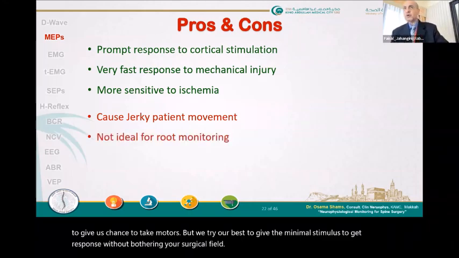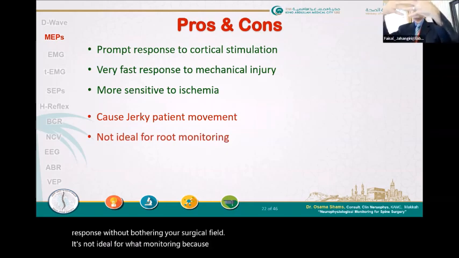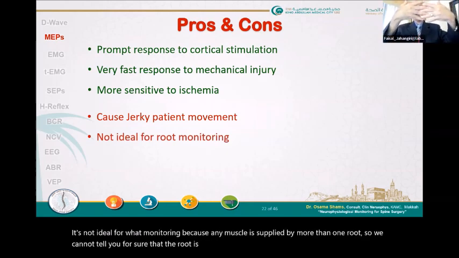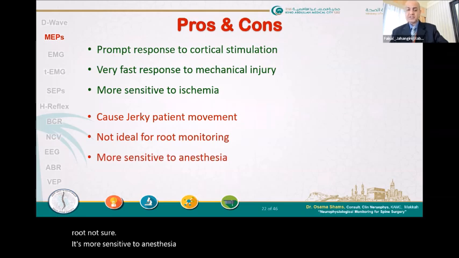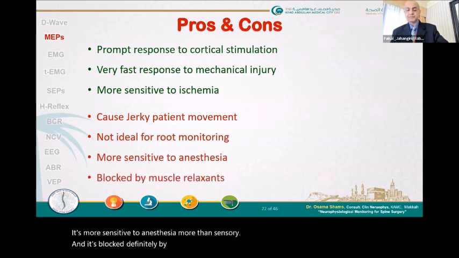It's not ideal for root monitoring because any muscle is supplied by more than one root. So we cannot tell you for sure that the root is okay or not. We can tell you the cord is okay or not, but the root, not sure. It's more sensitive to anesthesia than sensory, and it's blocked definitely by muscle relaxants.